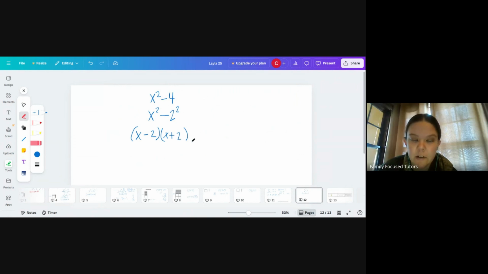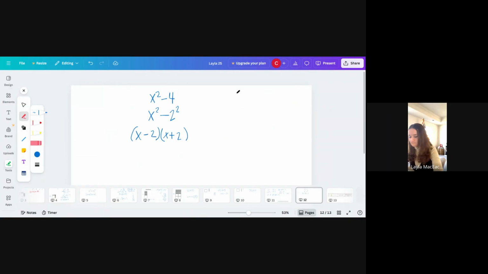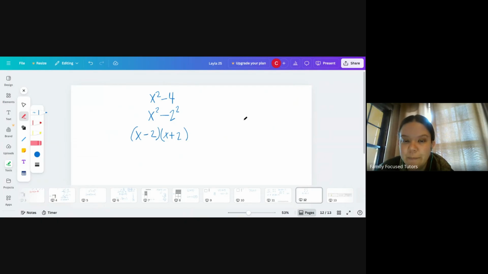Yes. And then they want you to check by multiplying. So you can use either method. You can use the FOIL method or you can use the vertical method to check. It doesn't matter. You should just get x squared minus 4 when you're done.